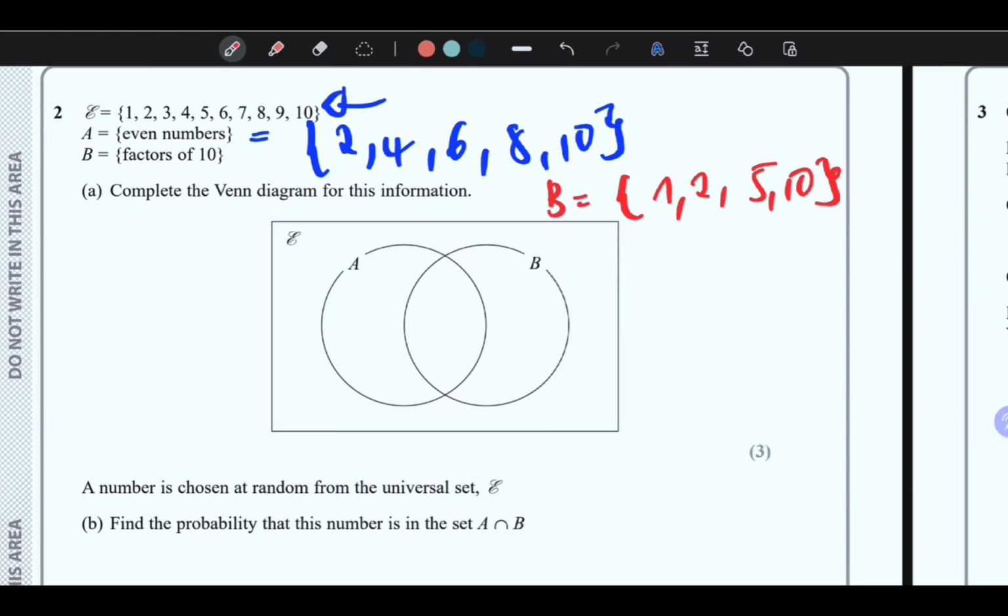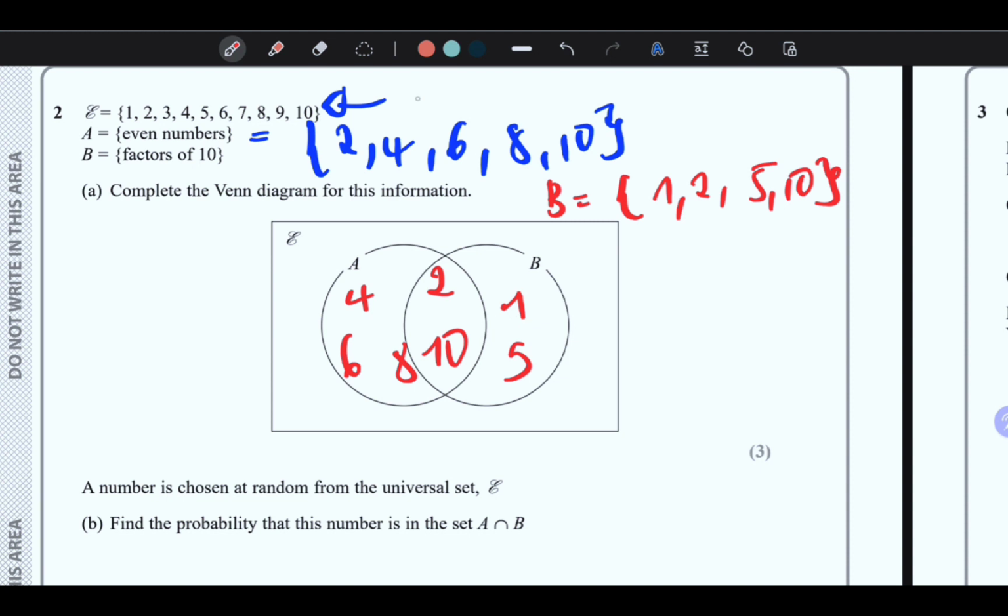So for set A and set B, we'll start by finding what they share in common. They share 2 in common, and they also share 10 in common. So we're just going to write down the rest of the numbers in this space. So this would be 4, 6, 8. And this would be 1 and 5, basically.